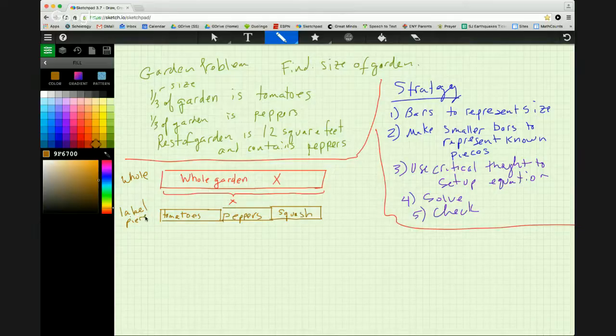And then we're going to start to use these numbers. We know that a third of the garden is tomatoes. So I'm going to redraw this one more time, like this.